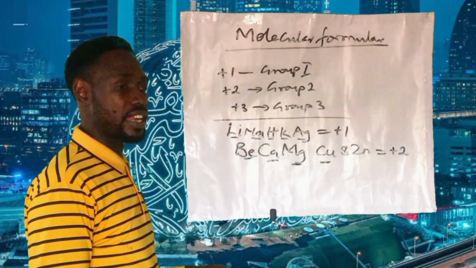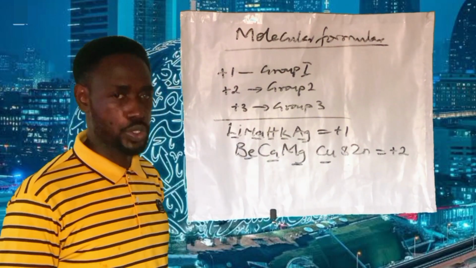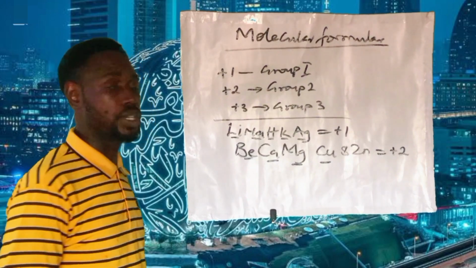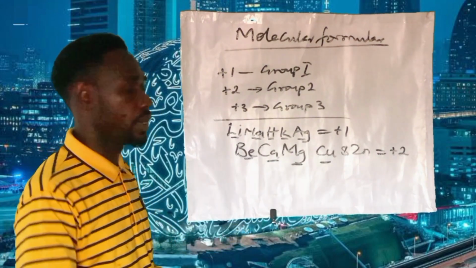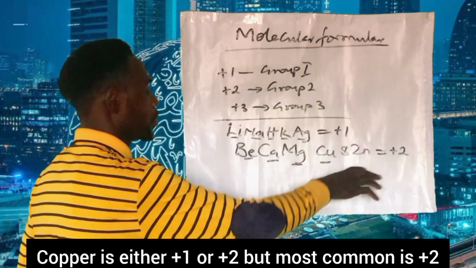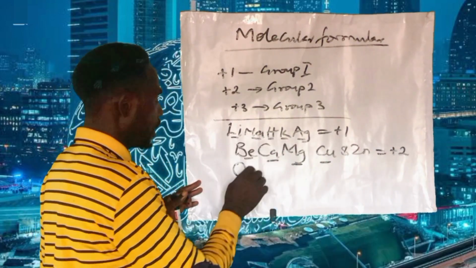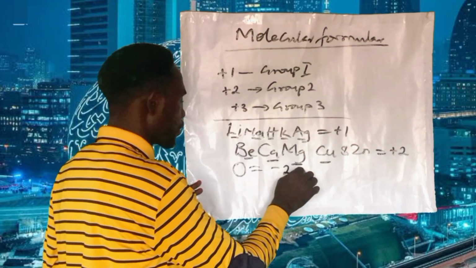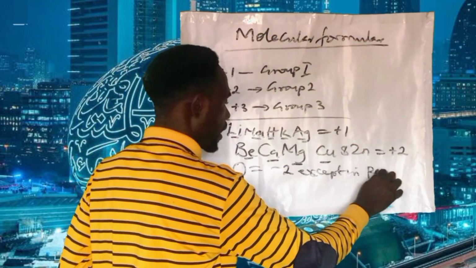So lithium, sodium, hydrogen, potassium, silver are +1, and beryllium, calcium, magnesium, copper and zinc are +2. There are other ones I omitted, but they are part of the +2. I just call those common ones that will help you. I'm giving you the valencies and also the combining powers. Then oxygen in all compounds is usually -2, except in peroxides.